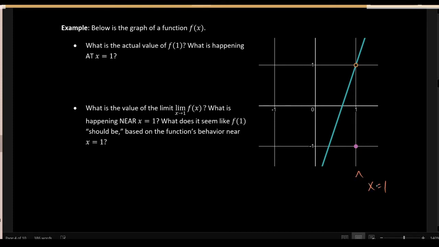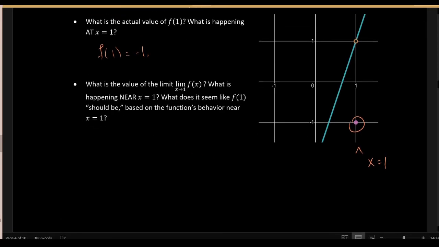Now, there are two possible candidates for points on the graph with this x component. But the point on the top is a hole, and holes don't count. I have to look at the filled dot down here at y equals -1. And so I get the result -1.